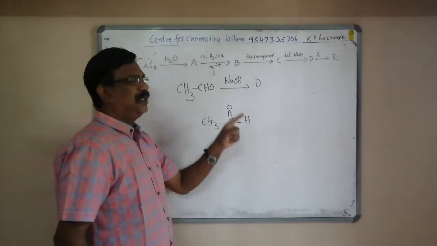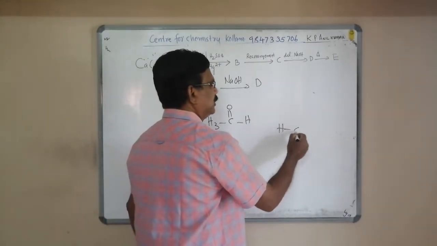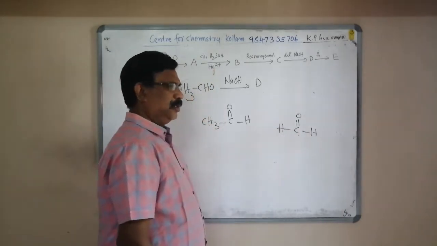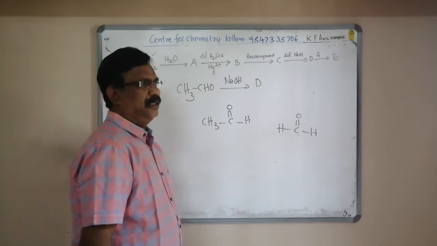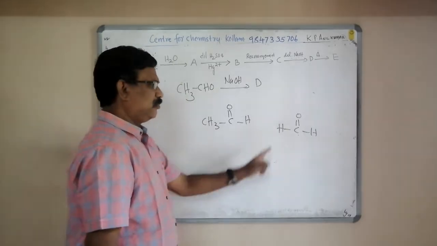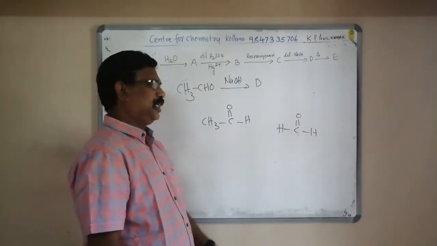Formaldehyde, HCHO, has the carbonyl carbon but does not have alpha carbon or alpha hydrogen. That is why formaldehyde does not undergo this type of condensation reaction.